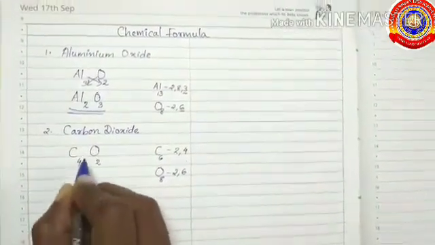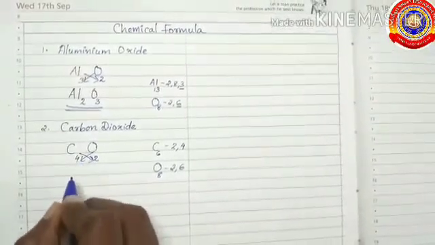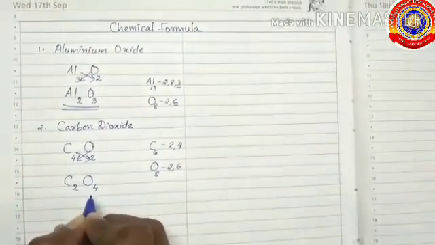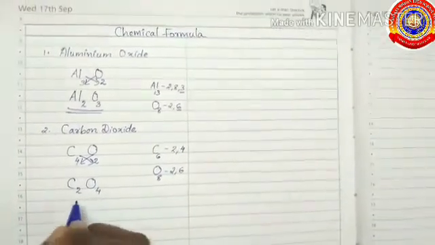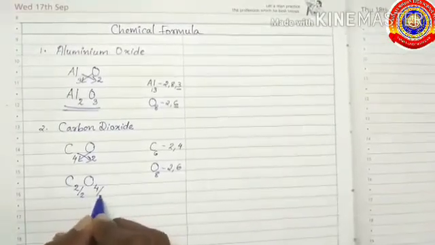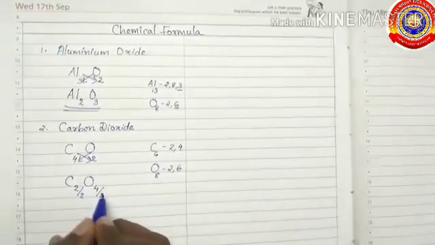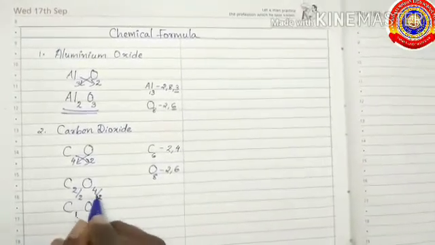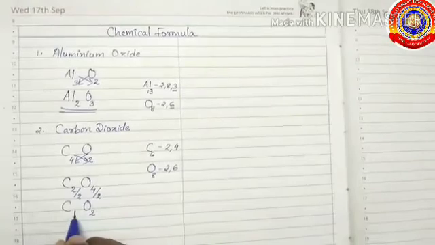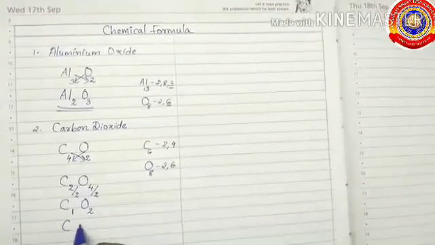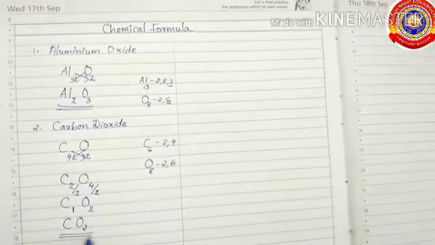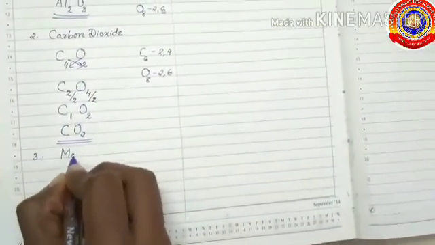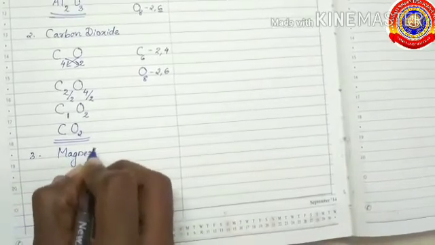The second step is to interchange their valency, so you will get the valency of carbon as 2 and that of oxygen as 4. Now, these two numbers are even and can be divided by a common number to get a simple ratio. So divide by 2, and you will get C1 and O2. If you are getting 1 as a number, you don't need to write it. So just write carbon and O2. Is that clear?